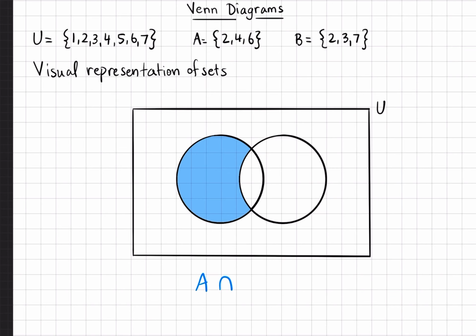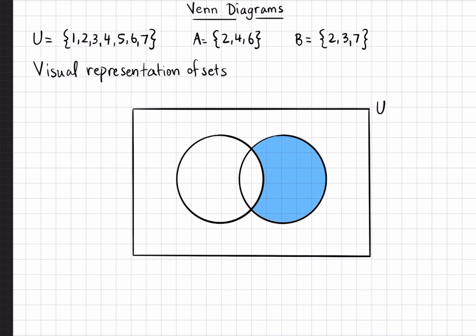But if I intersect them and do this, then I only focus on just A. Next one.